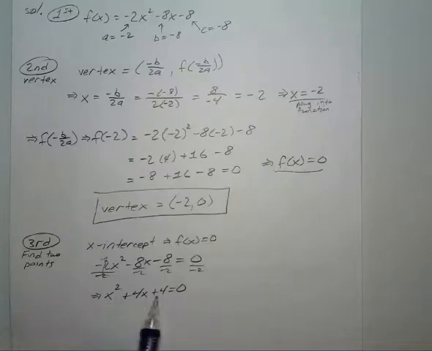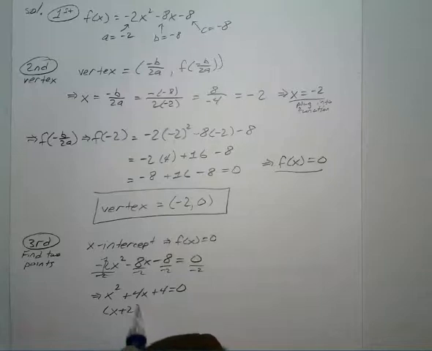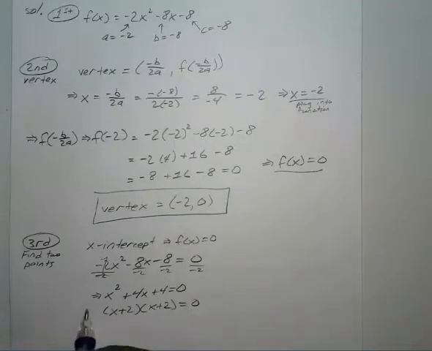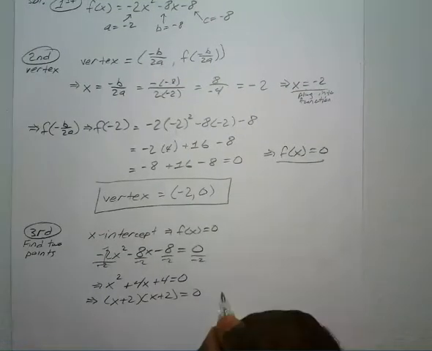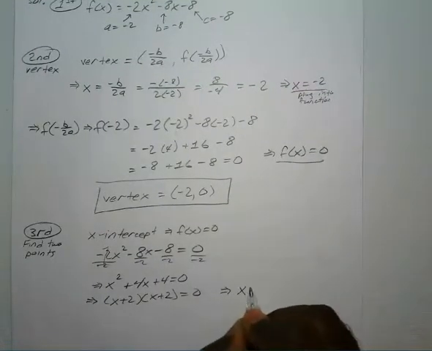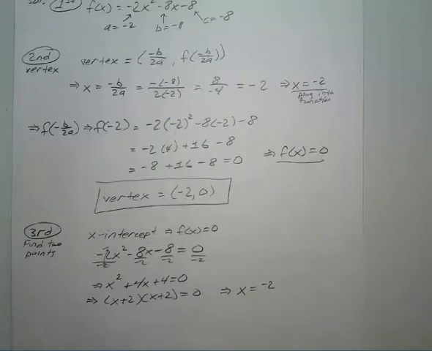And this can actually be factored into x plus 2 times x plus 2 equals 0. So if we set both of those to 0 and solve, we end up with x equals negative 2.